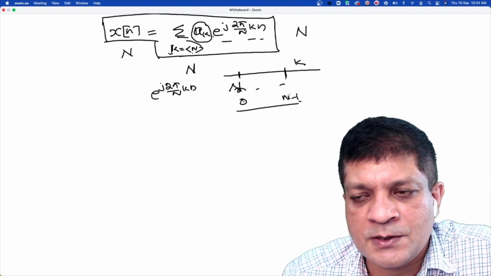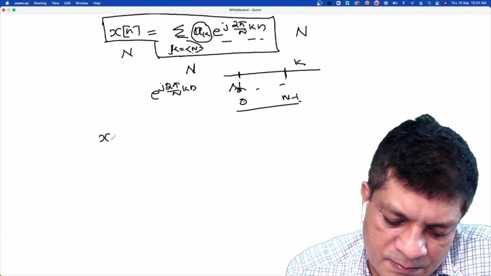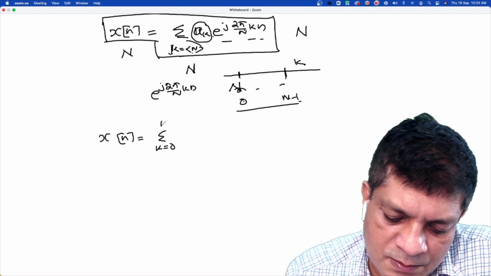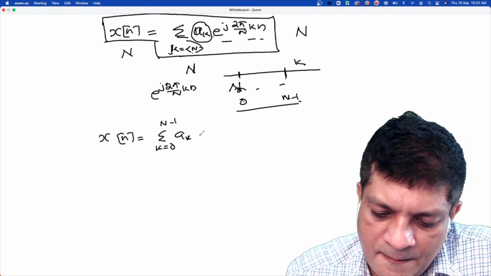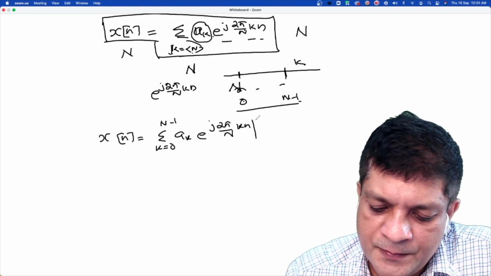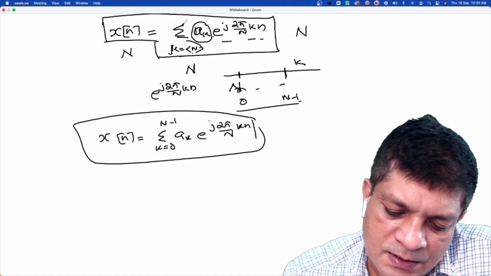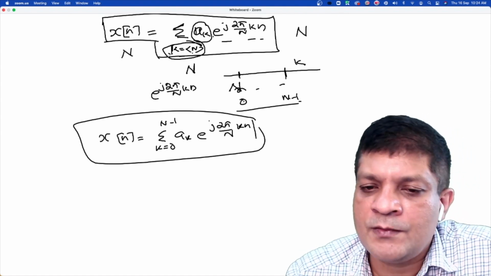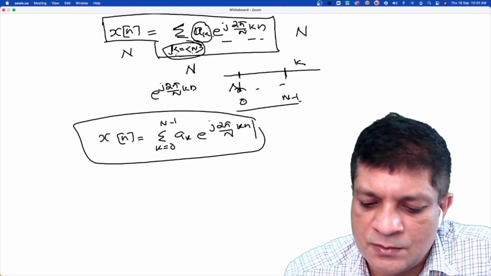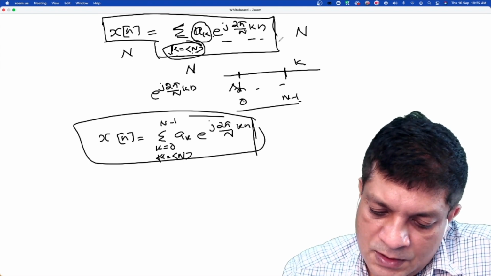Those complex exponentials will be distinct, and we can simply define the sum for k from 0 to N minus 1 of a_k e^(j2πkn/N). This is also possible, but the standard definition is over any N successive values of k.